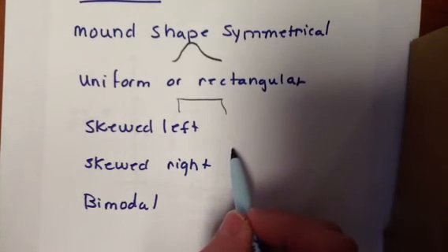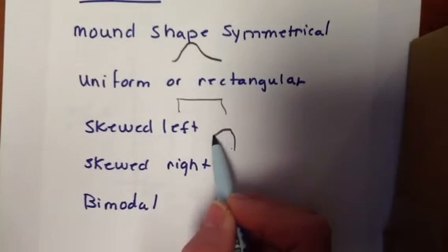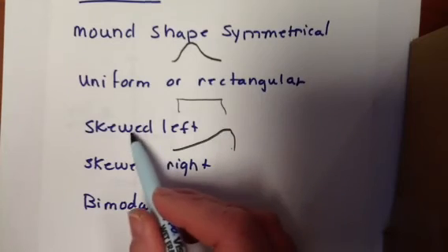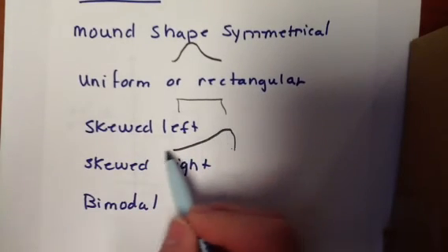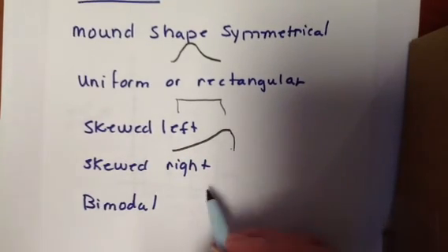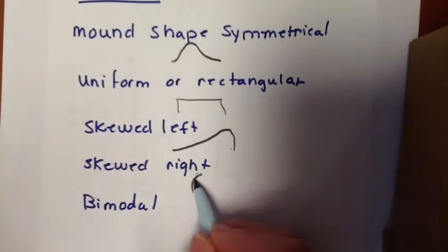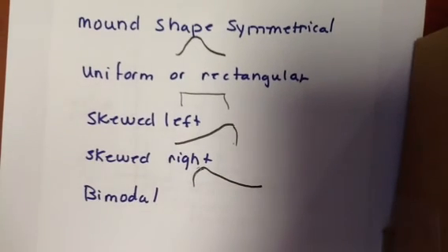If we drew a smooth curve over our histogram, skewed to the left means most of the bars' height is at the right and it trails off to the left. So when I say skewed to the left, it skews to the left. Skewed to the right means the height of the bars is on the left-hand side here and it trails off to the right, skews to the right. Bimodal would be if we had two high points in our data.